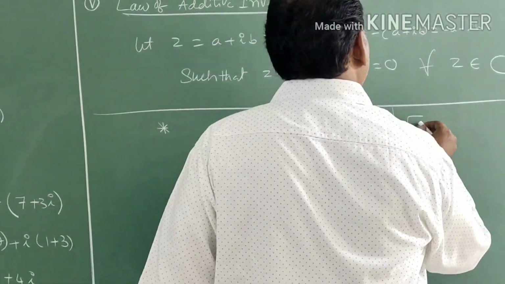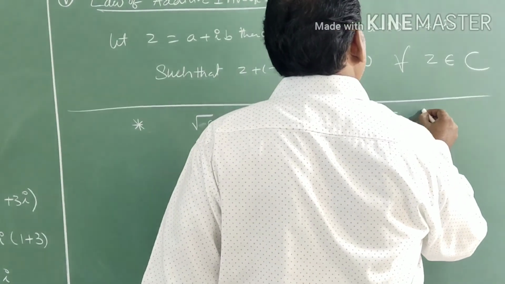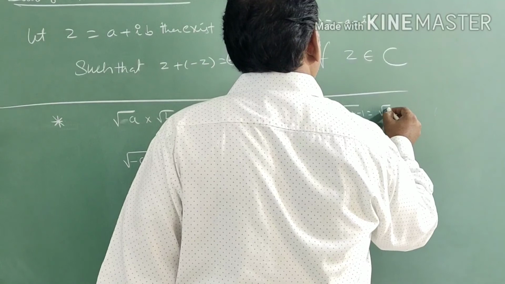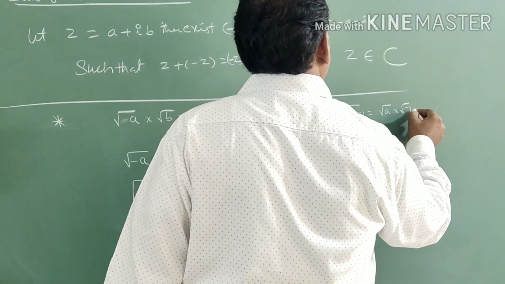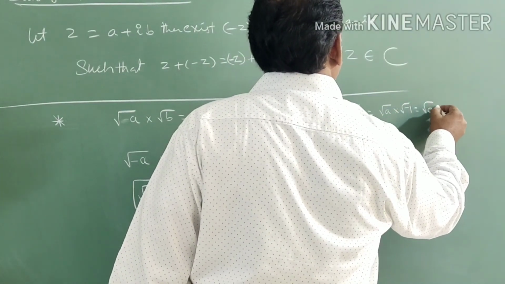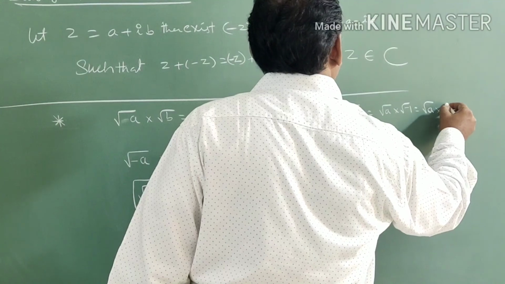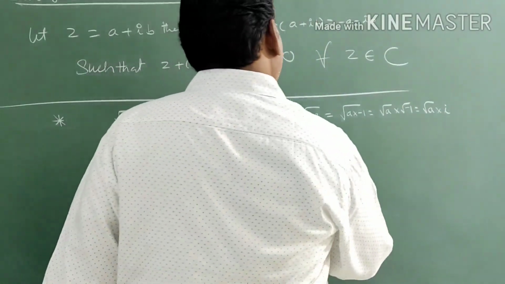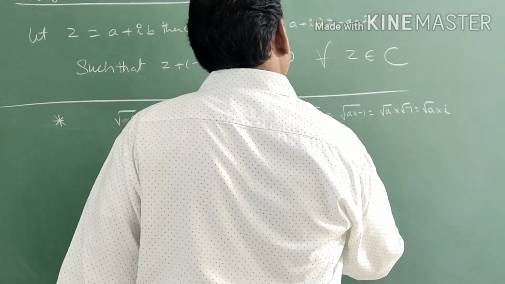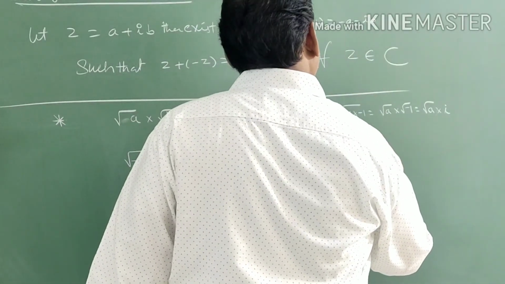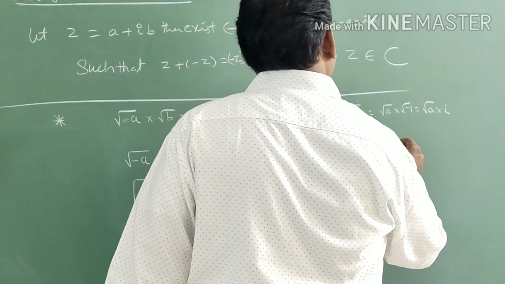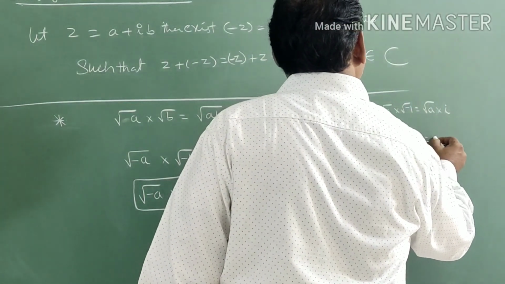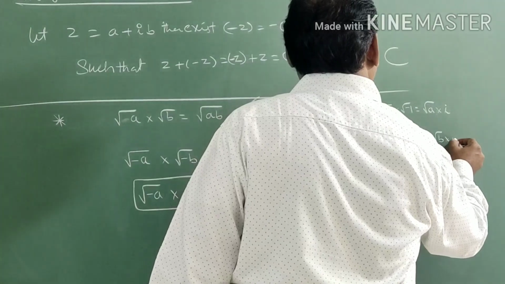Root over minus a can be written as root over a into minus 1, which is root a into root over minus 1, and root over minus 1 is treated as iota. Similarly, root over minus b is root over b into minus 1, which is root b into root over minus 1, root b into i.